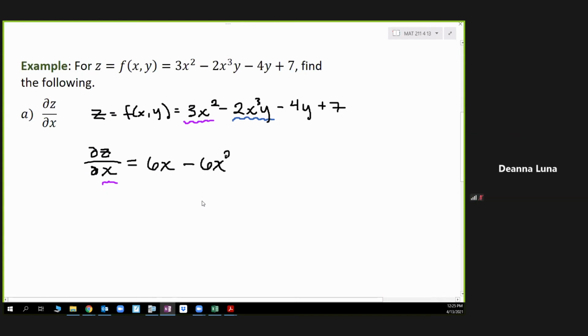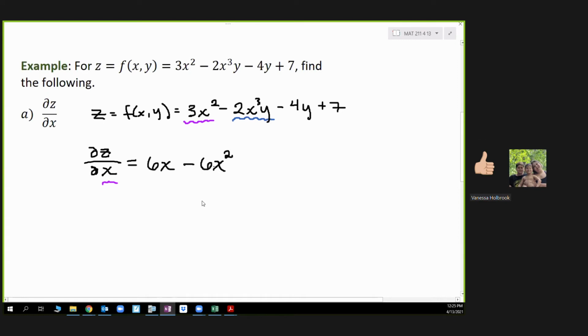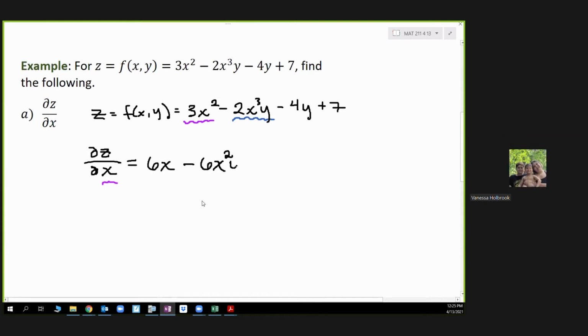Squared, yes, exactly. But there's still a little bit left on this term. 1? Not quite. Just y? Just y, yes.